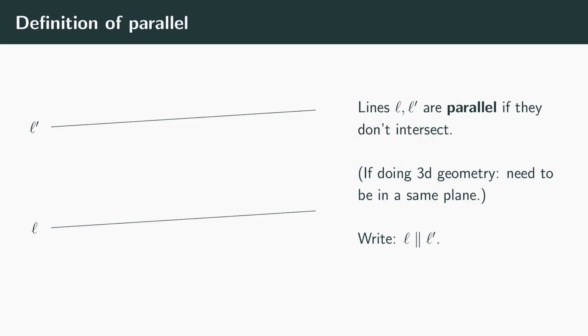And then in symbols, we write this thing with these vertical lines to indicate that little l is parallel to little l prime. Here I have it with this vertical double line. Sometimes people write it with a slightly oblique double line. It means the same thing.